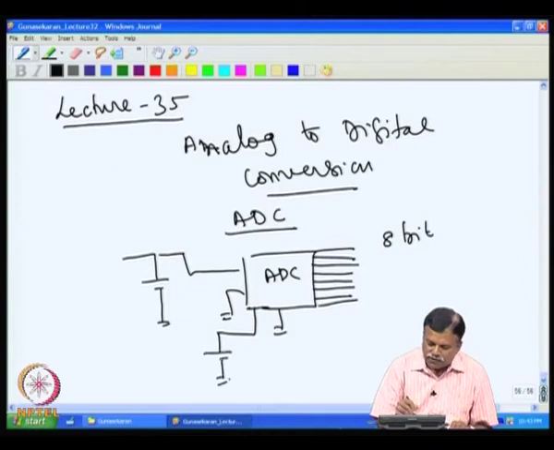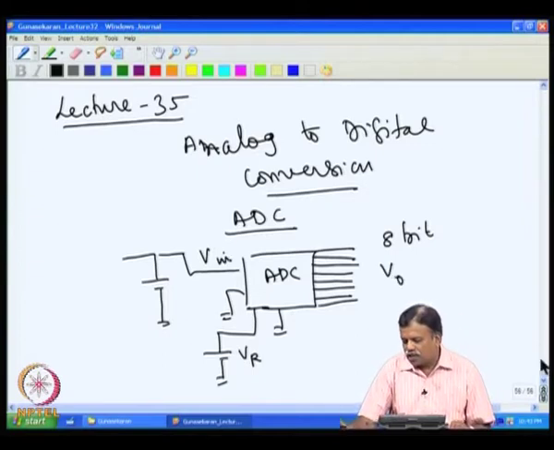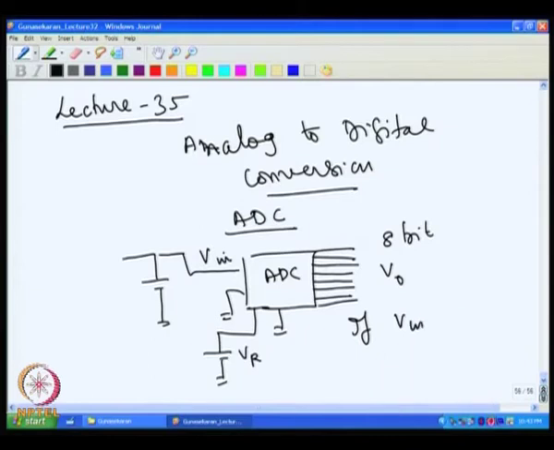This we call an 8-bit converter, and this conversion takes place with respect to a reference voltage. That is, we have a reference voltage, we have an input voltage V in, and the output is digital. What really happens in the A to D converter is that if V in is equal to V reference, then for an 8-bit converter, all 8 bits will be high.